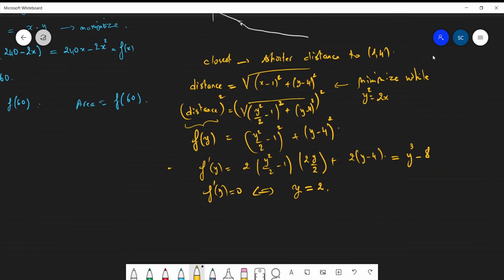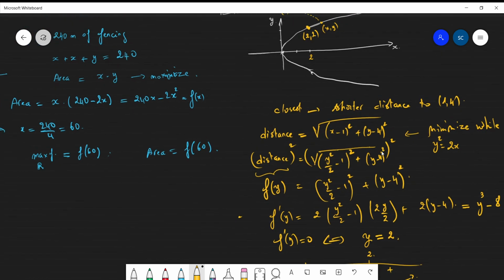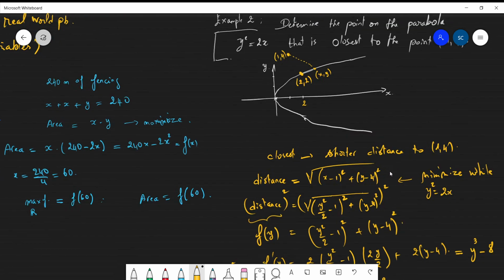How can we see it also? Of course, you can use your table. Here is 2. The sign depends on y minus 2. It's negative here and positive here for f prime of y, and equals 0 here, so decreasing then increasing, so it is the minimum point for f. We justify it by the table, for example, like that.